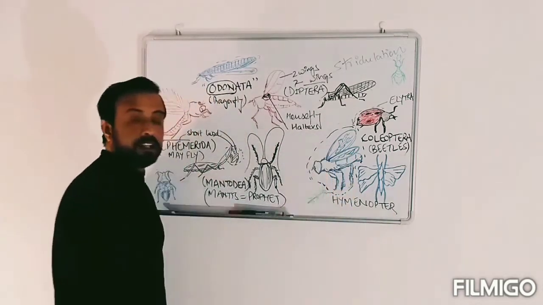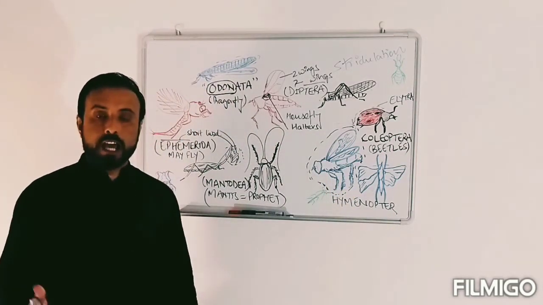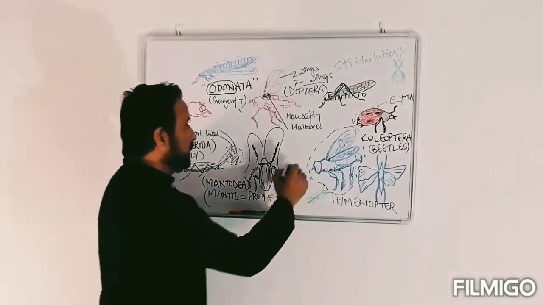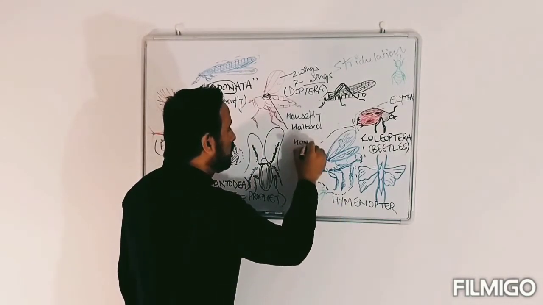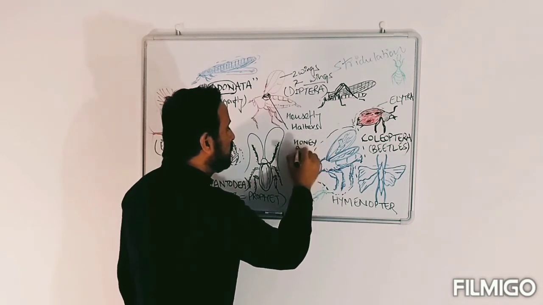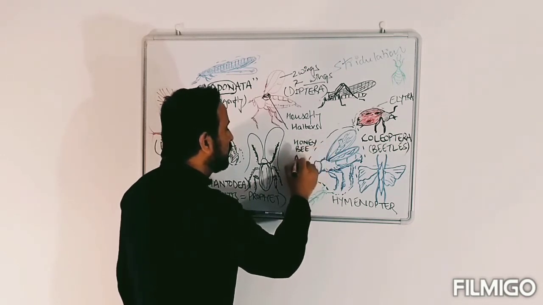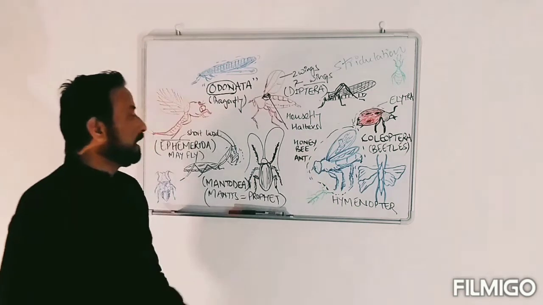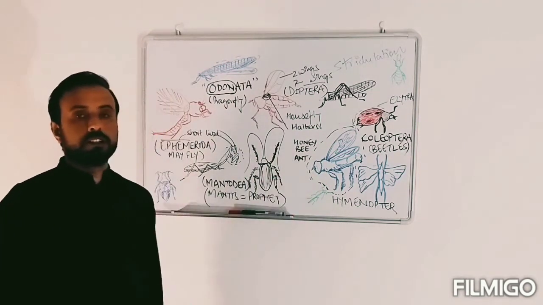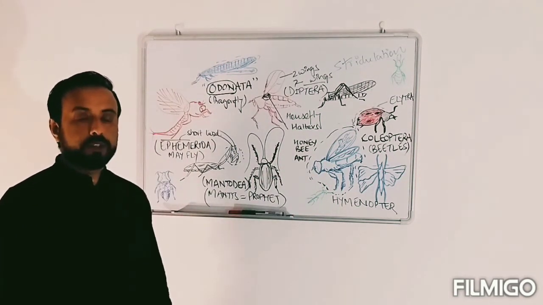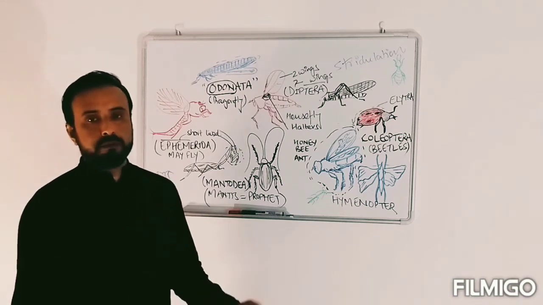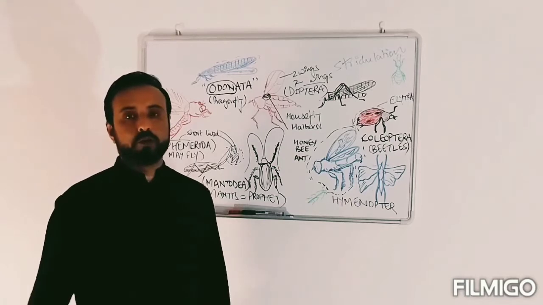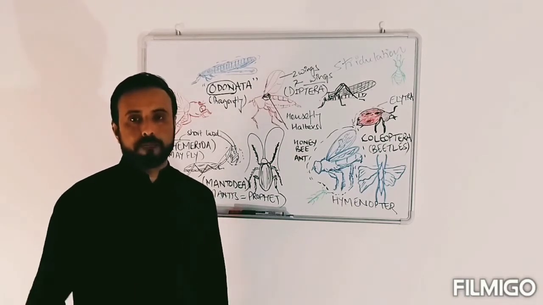A honeybee or an ant, they belong to this particular class called Hymenoptera. Hymen again is a Greek word. Hymen means a god in Greek. It's the god of marriage, right?